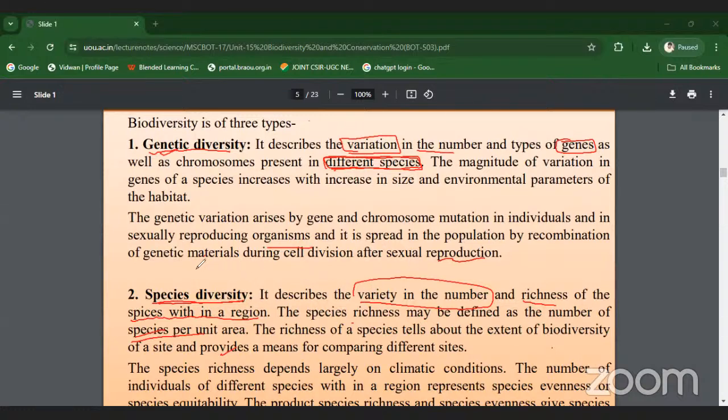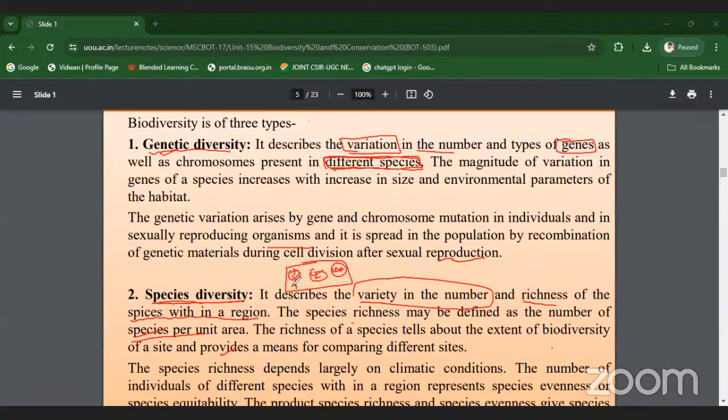For example, take this area with tigers, lions, or monkeys. These species show richness, and here the highest number is present.